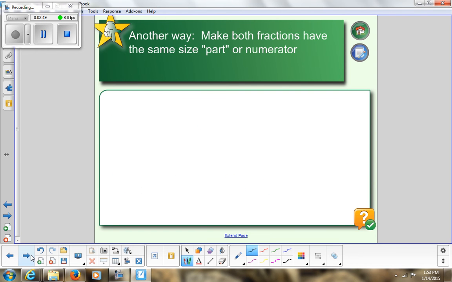Another way to do it is to make sure that both fractions have the same size part. So we have 3/8 and 1/4.